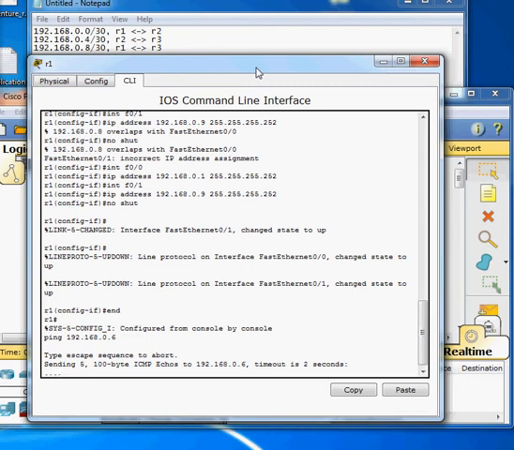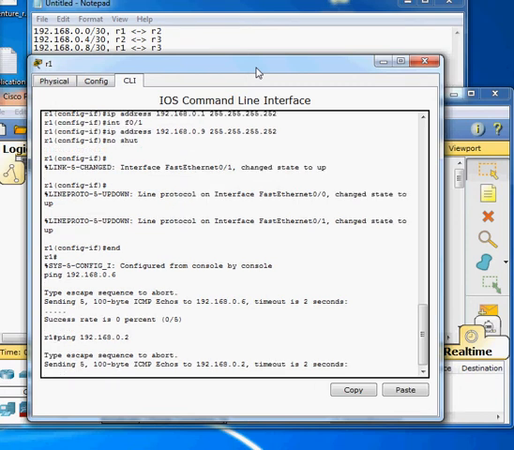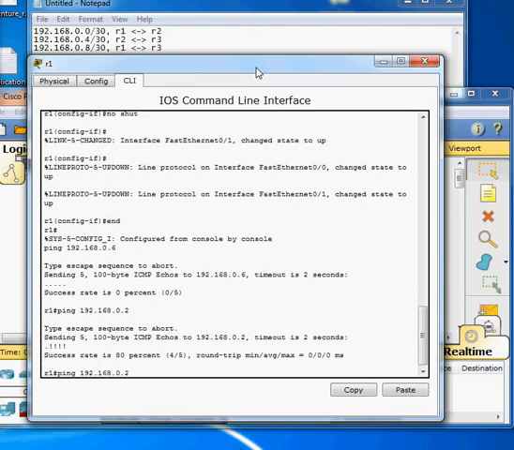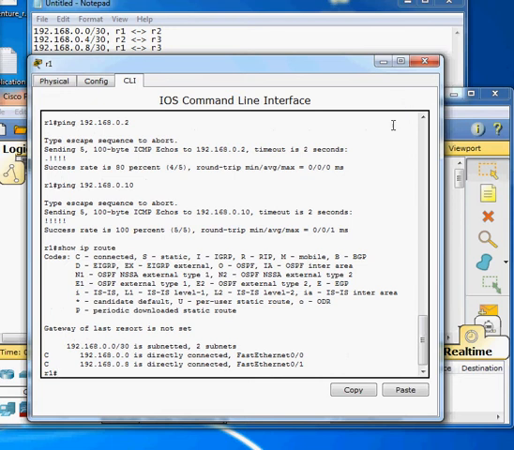Wrong IP. Okay, it's router 2, so let me try router 3. Okay, it's looking good. So now I have complete connectivity here. Well, at least my directly connected router. So I do a show IP route. I can see like the directly connected routes here.